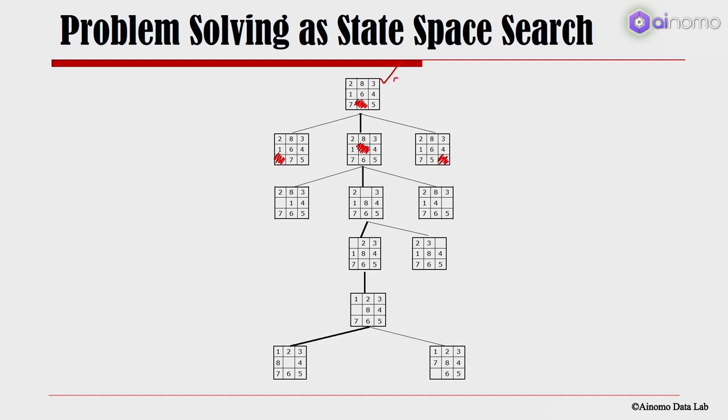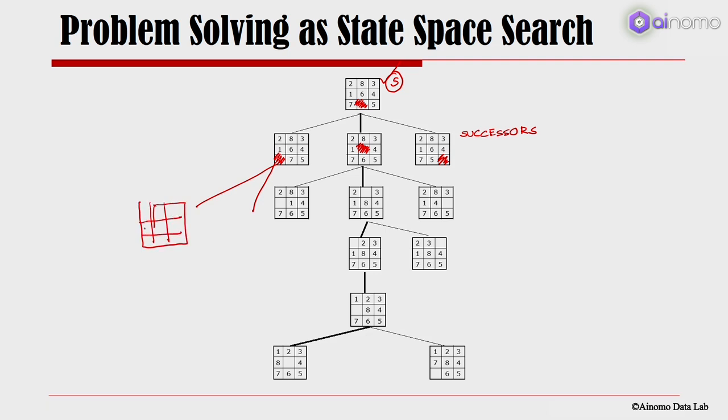So given the start S, these configurations of tiles are its successor nodes, successors, and we can keep on generating the successors. Like from here we could get more successors by moving the blank to a newer configuration.